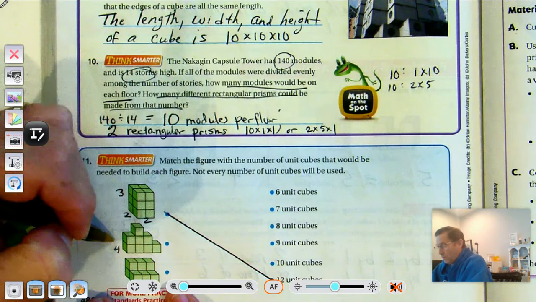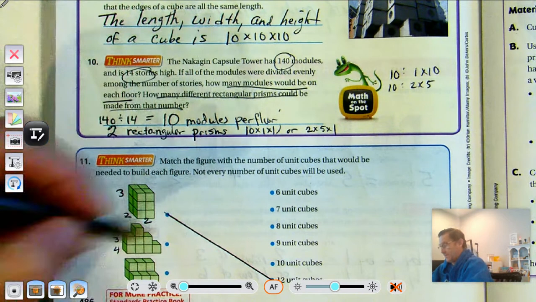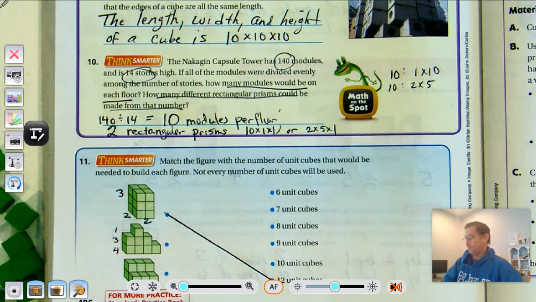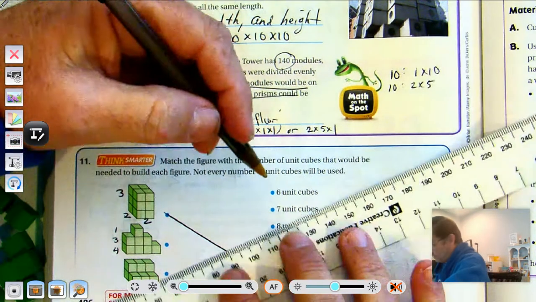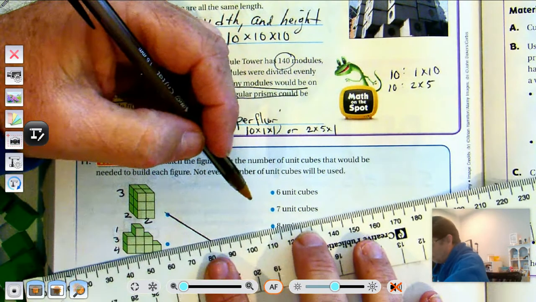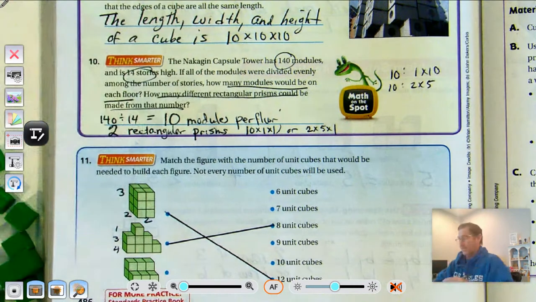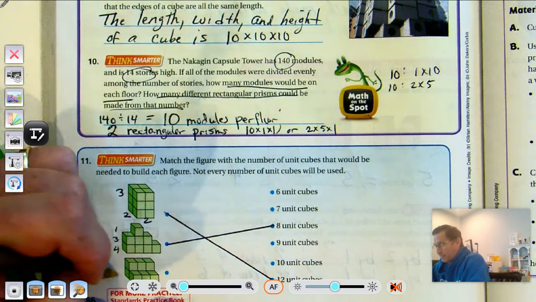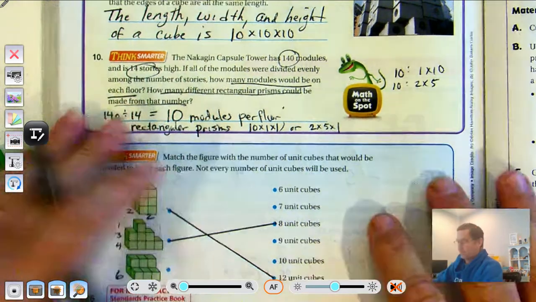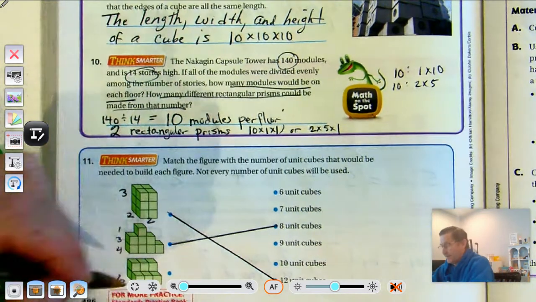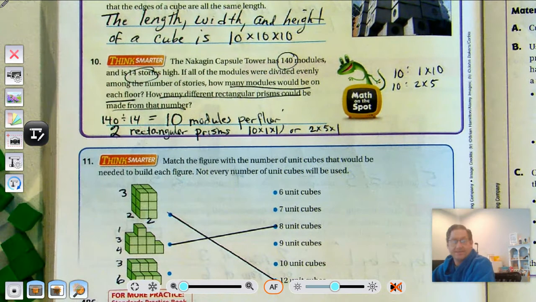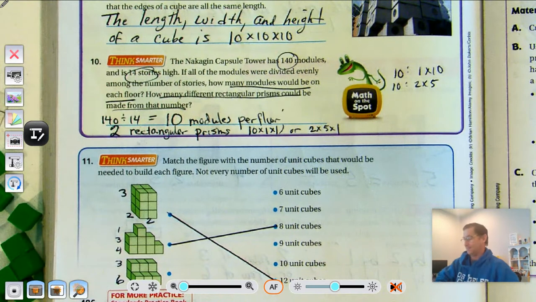This one has 4, 3, 1, so that's 8. And the last one, we have 6 on the bottom, because there's 2 rows of 3, and then there's 3 sitting on top of that, so 9.